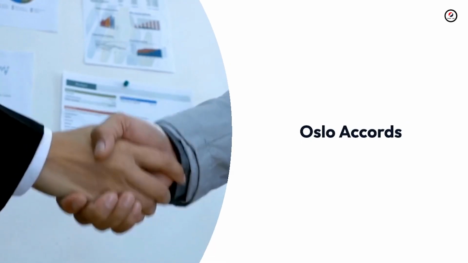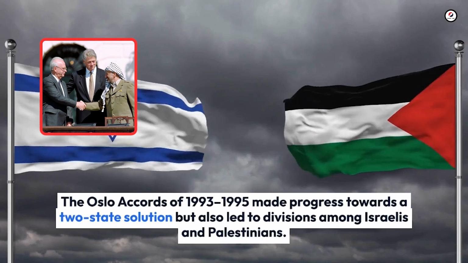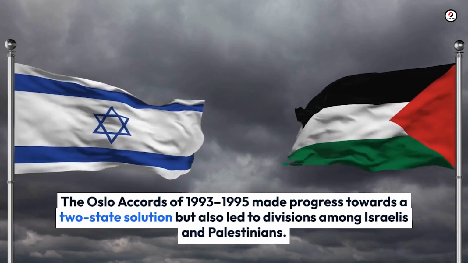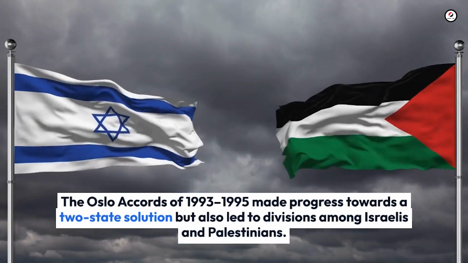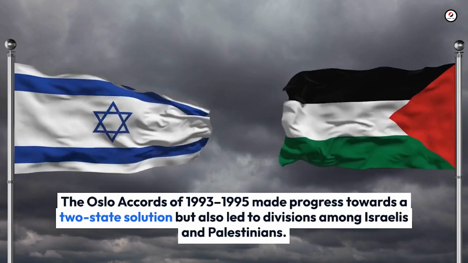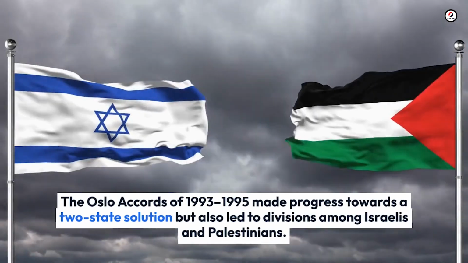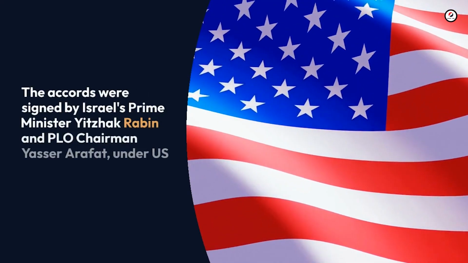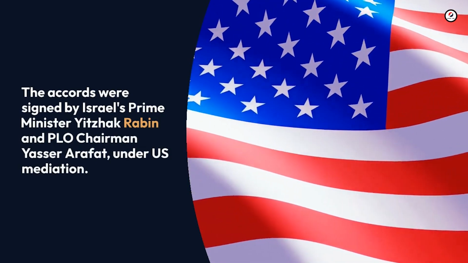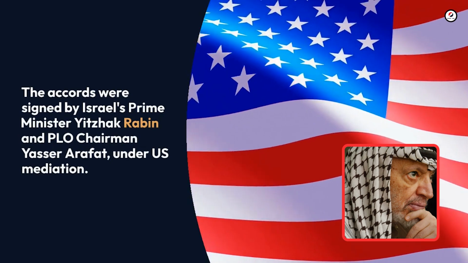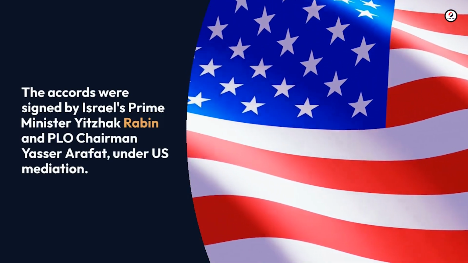Oslo Accords. The Oslo Accords of 1993 to 1995 made progress towards a two-state solution but also led to divisions among Israelis and Palestinians. The accords were signed by Israel's Prime Minister Yitzhak Rabin and PLO Chairman Yasser Arafat under U.S. mediation.